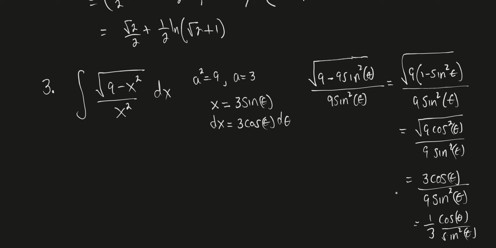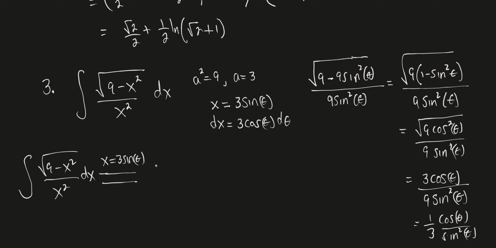All right. So that's just the integrand. We have the differential that we're going to have to work with, so let's go ahead and do that. Therefore, our original integral in terms of x, with this substitution x equals 3 sine theta, produces this other integral now in terms of theta.